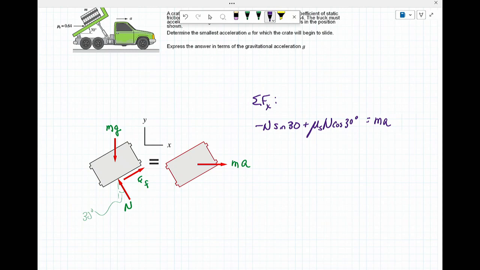So the first thing I have to consider are all of the component forces acting in the x direction. There's the normal force right here, but it has to be acting in kind of the negative sense. So I get negative N sine 30.